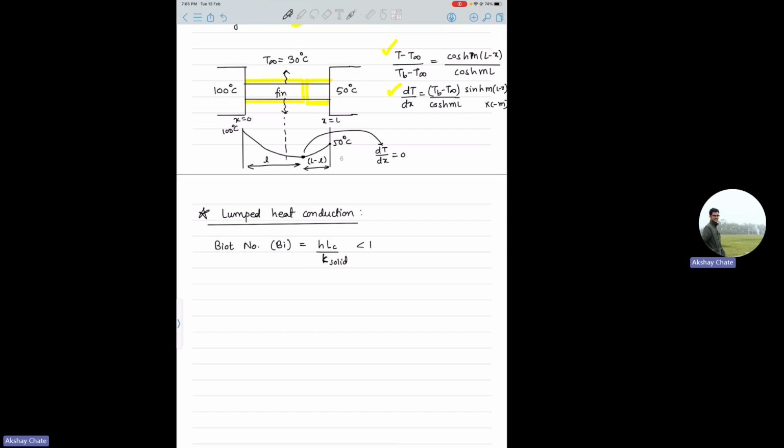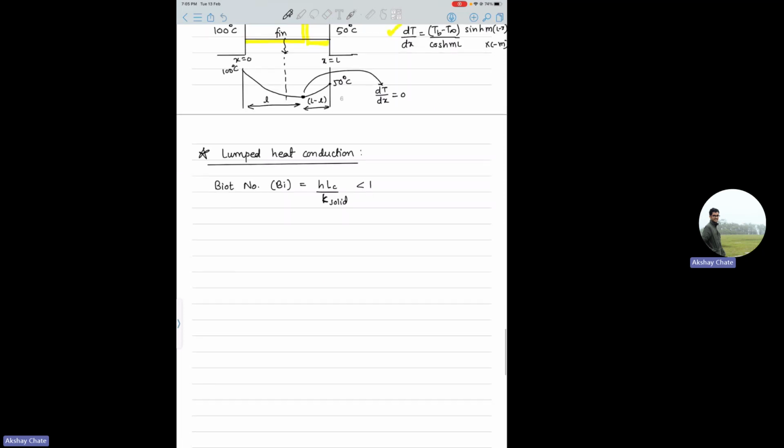In this problem, sir has already told you how to calculate the temperature distribution. It's not that difficult. Basically, what you do is minus m cp delta T equal to hA (T minus T infinity). Before that, the characteristic length scale here, we consider as volume divided by surface area.